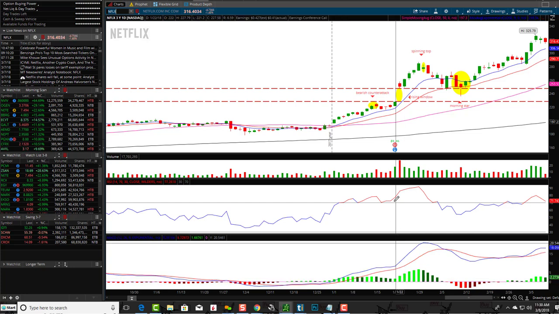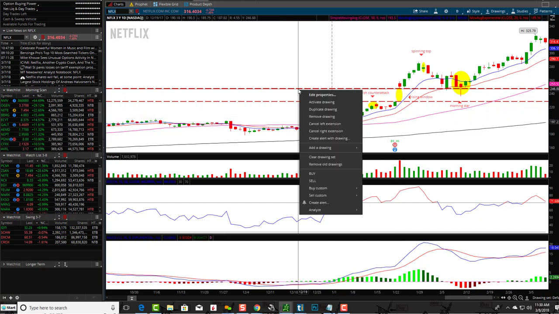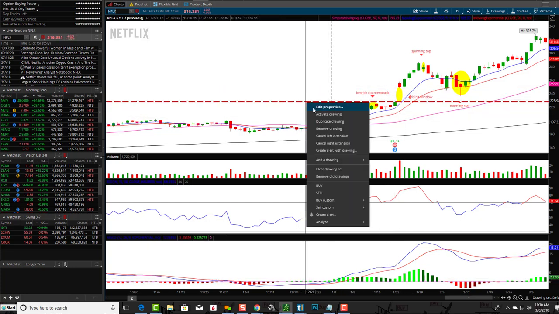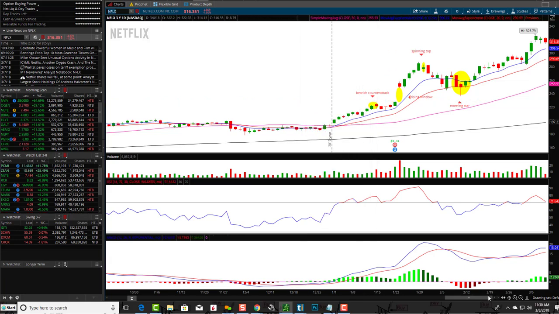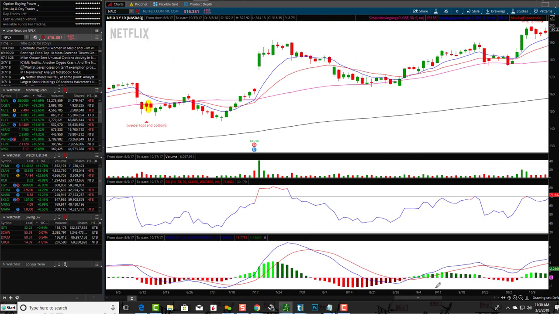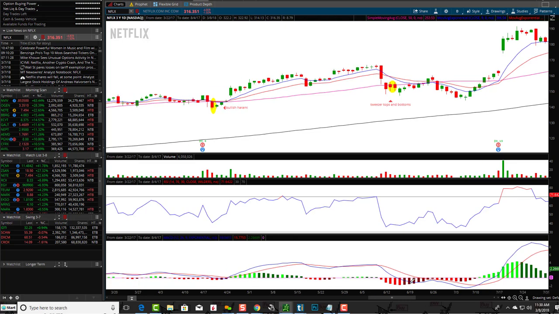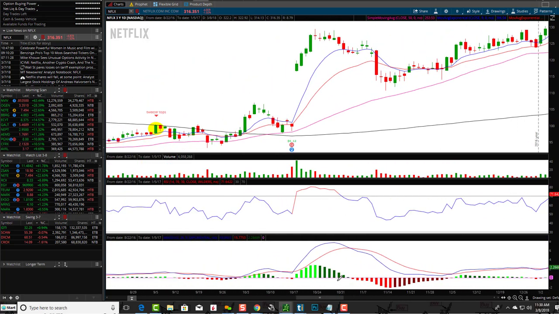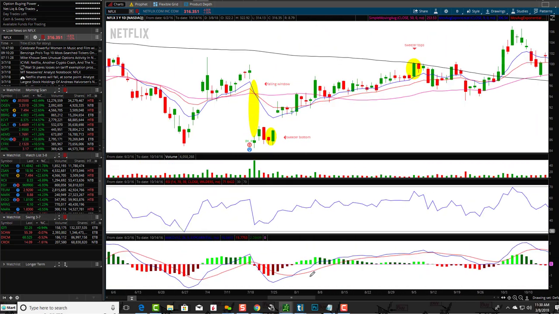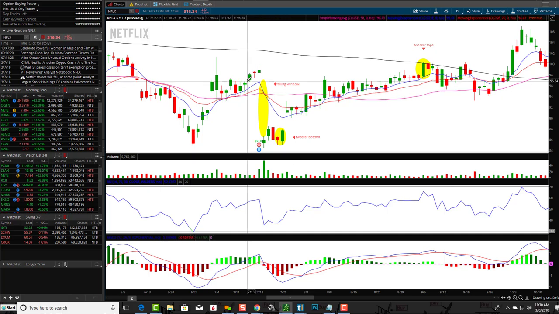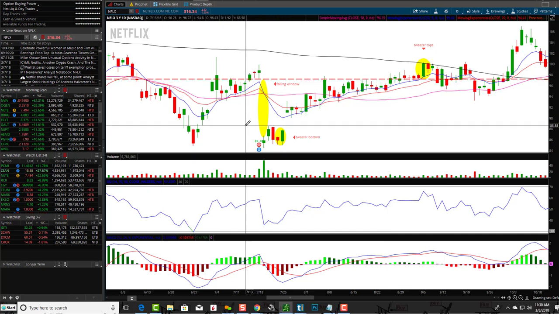Let's go to, I'm going to just delete this right here. Let's go to falling window. Let's see if I can find it. Oh, there we go. Right here. So I'm going to draw a line in here. Here's the gap down, or the falling window.